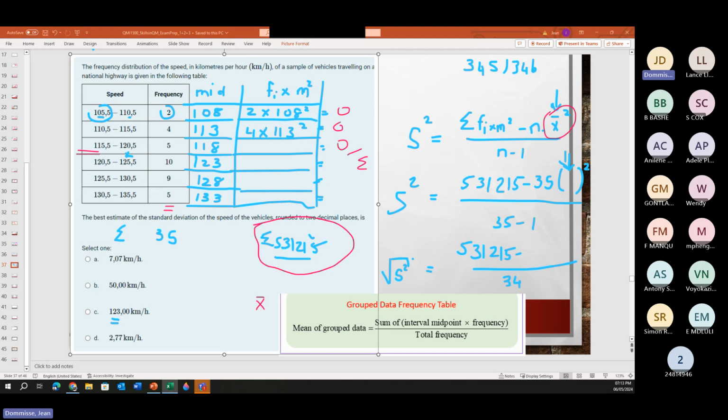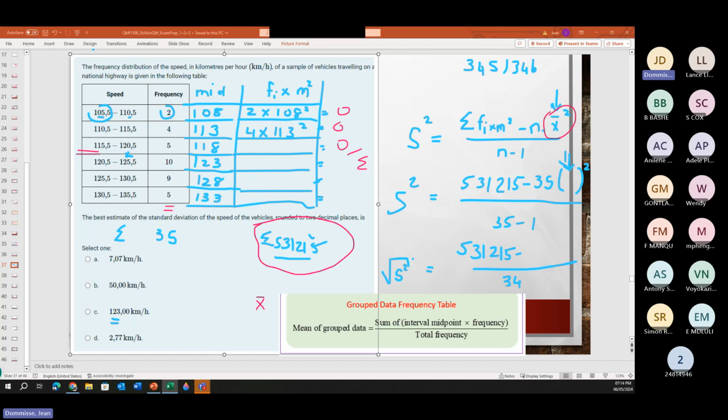But let's quickly build that in. So the mean is the sum of your interval midpoint times your frequency.